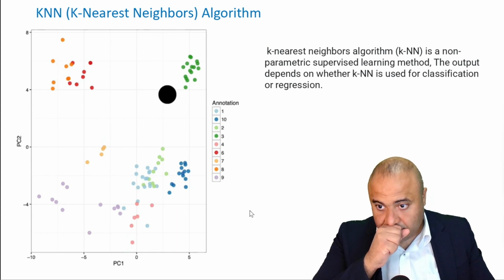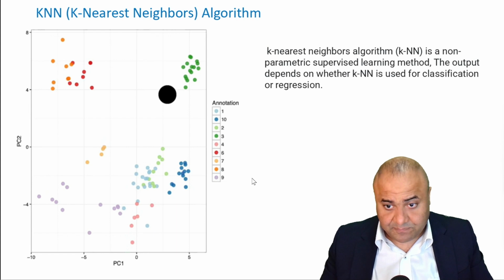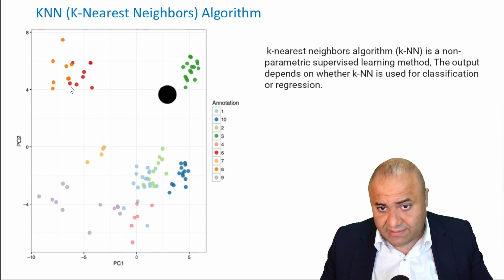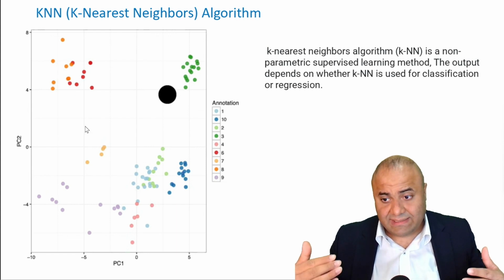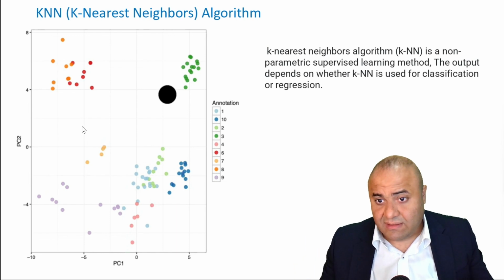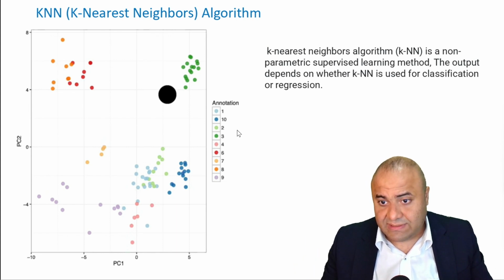The way it works is basically you have these data already, or these clusters for these data already assigned. For example, you can see 1, 10, 2, 3.